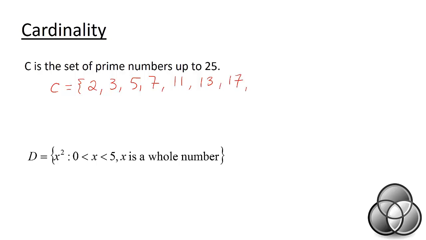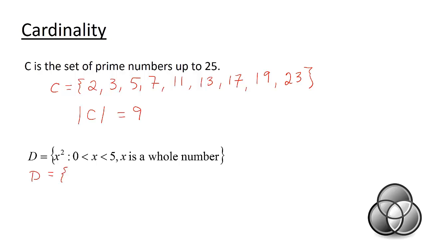And then I think there's just 2 more: 19, 21 isn't prime, 23 is, and 25 is not prime. So here is our list, and we could go through and count the numbers inside of this list. So we have 1, 2, 3, 4, 5, 6, 7, 8, 9. So we could say that the cardinality of set C is 9.